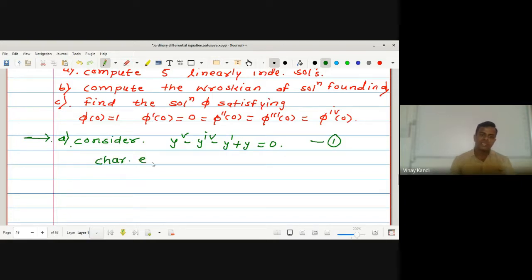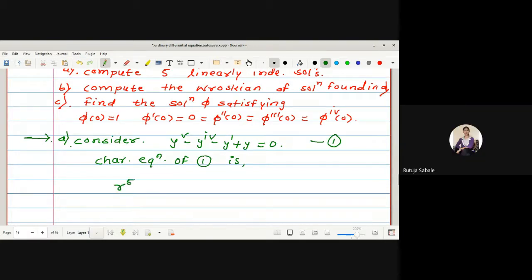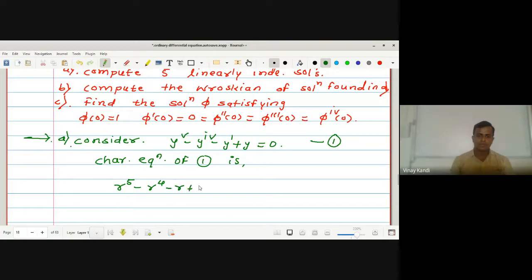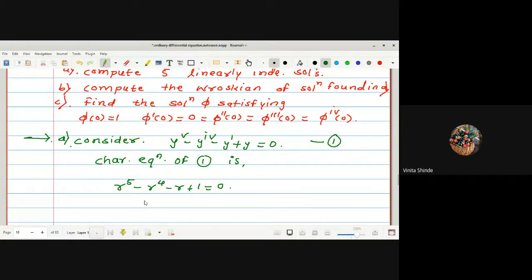What is the characteristic equation of 1? You have to say r, otherwise raised to won't come: r raised to 5 minus r raised to 4 minus r plus 1 equal to 0. Now tell me the values of r. What are the roots of this? First is 1.